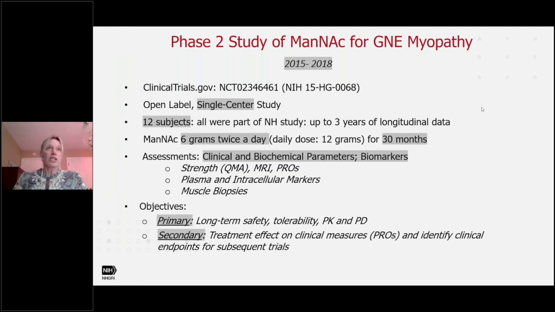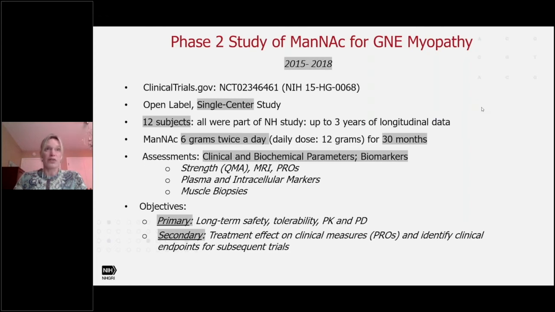So based on the phase 1 results, a phase 2 study was designed, 12 patients. So more information can again be found on clinicaltrials.gov, including outcomes. Patients were dosed 6 grams twice daily for 30 months. Clinical and biochemical parameters, including biomarkers, were assessed.